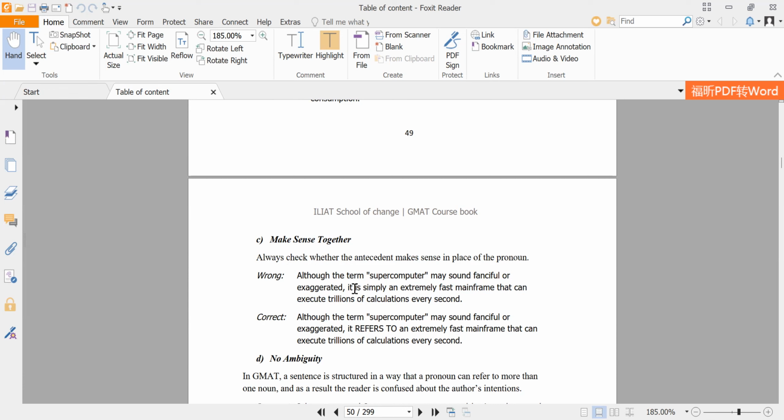You can see that the pronoun it is being used here and is referring to the term supercomputer. But why is it wrong? Well, the reason is, is the term supercomputer itself, the word supercomputer itself, an extremely fast mainframe that can execute trillions of calculations every second?